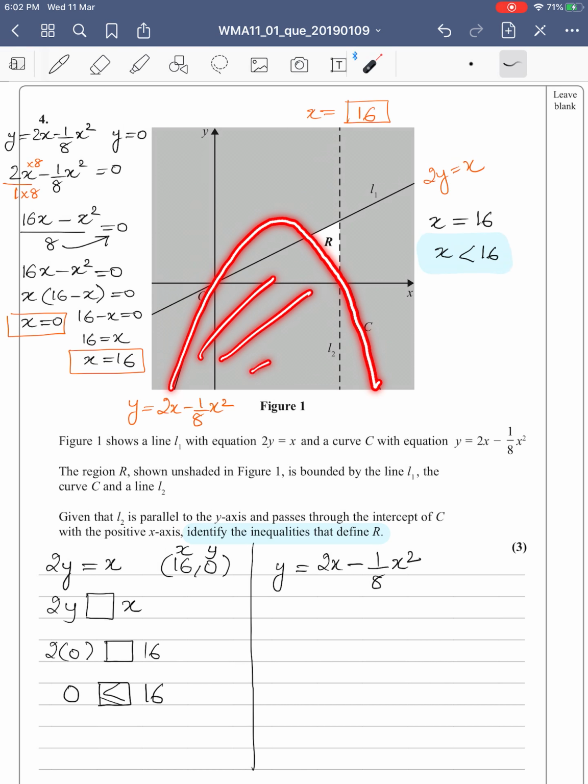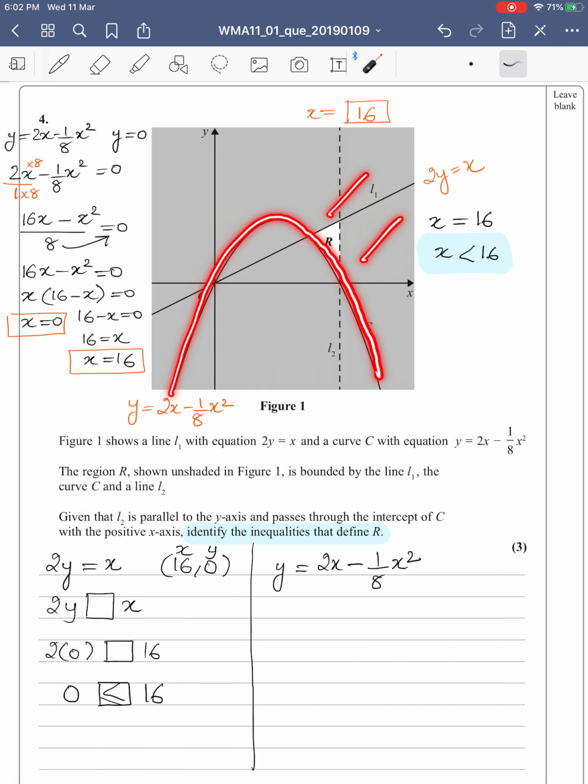One is the part below it and the other is the part above it. Alright, we can clearly see that the part that contains our region is the part which is above the curve, and that is this part. Alright, so we will take any test point in this part, which is the true region.